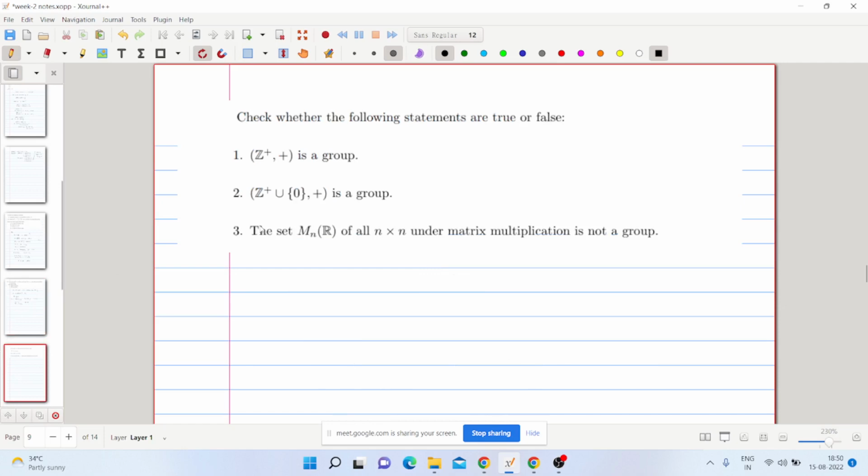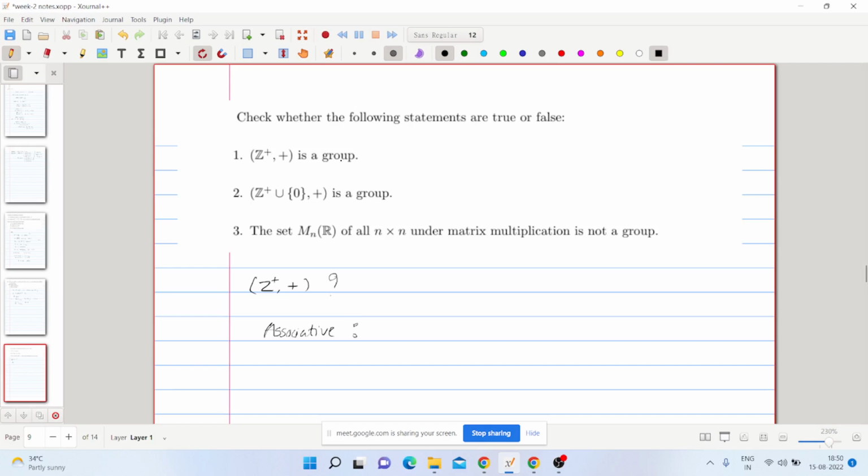Now we will go to this question. We are given Z plus. Is this a group or not? What do you think? It is not a group.